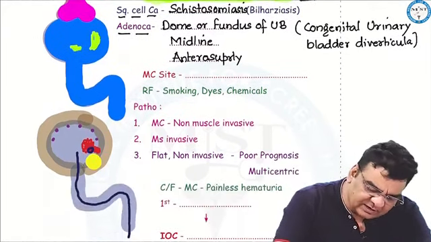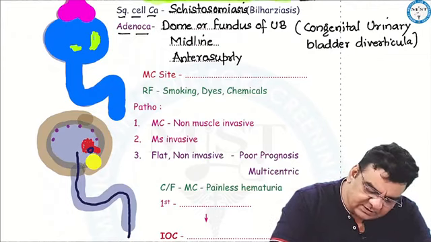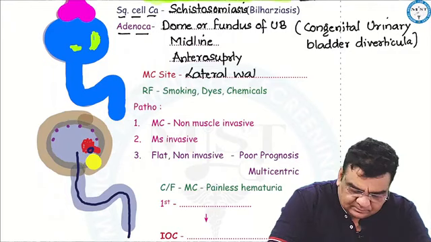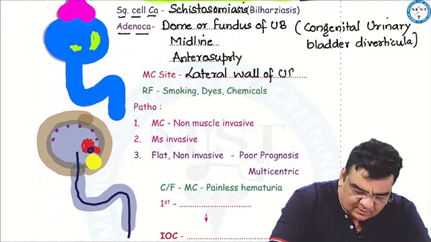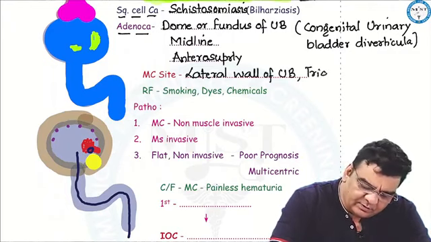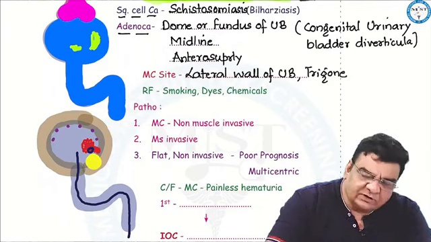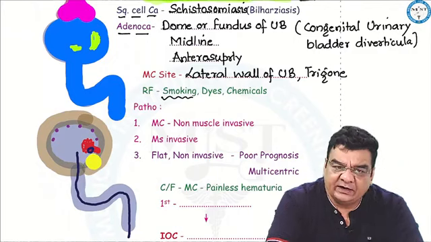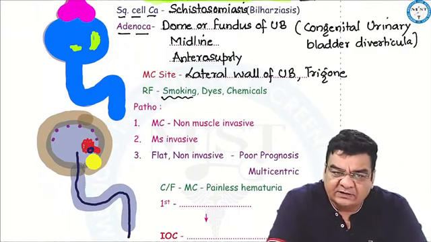So the most common site for bladder cancer is the lateral wall of the bladder and the trigone. Reason for bladder cancer, the same story which we have discussed in kidney cancer: smoking, dyes and chemicals.